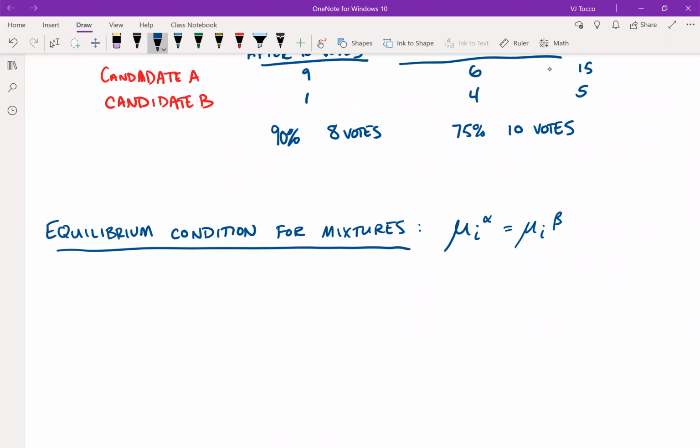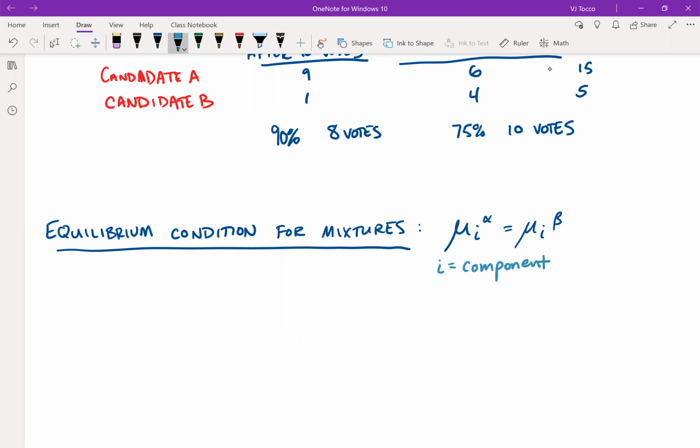So last time we derived the equilibrium condition for mixtures. We said that the chemical potential of species I in phase alpha must be equal to the chemical potential of species I in phase beta. So just again, I'd rather over-explain what the notation means than under-explain it, just in case there's any questions. So I is a component, so that is a chemical that is in the mixture.